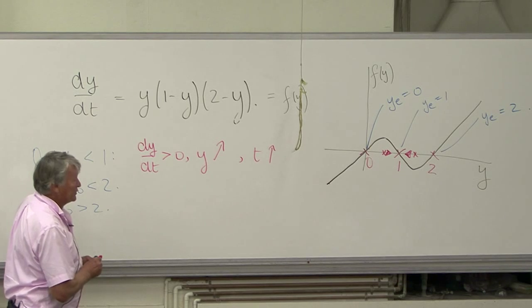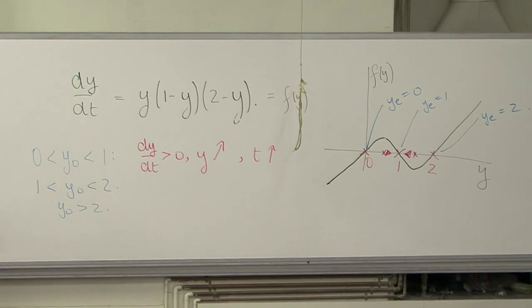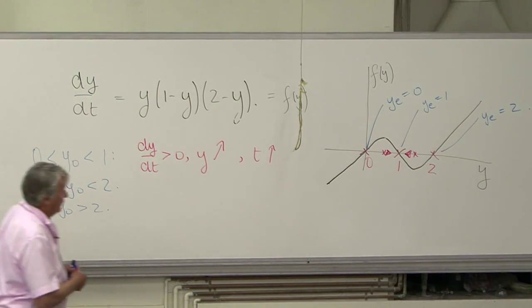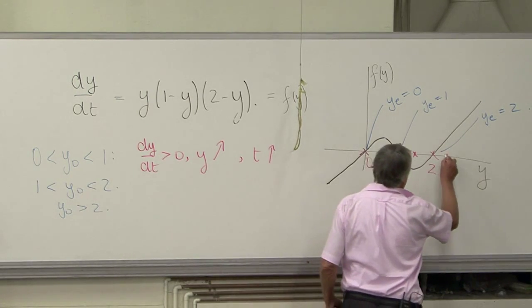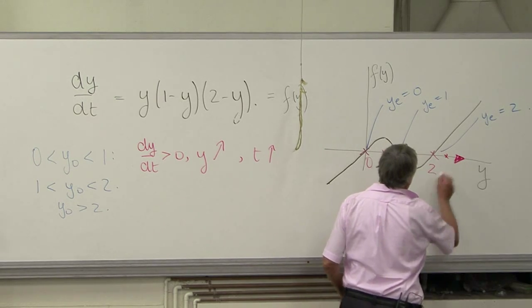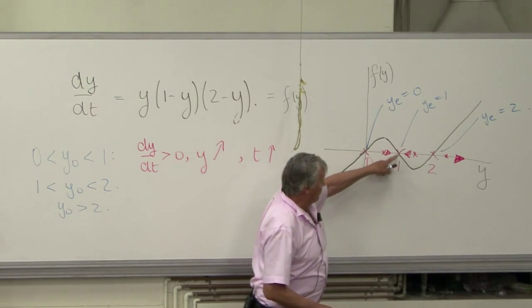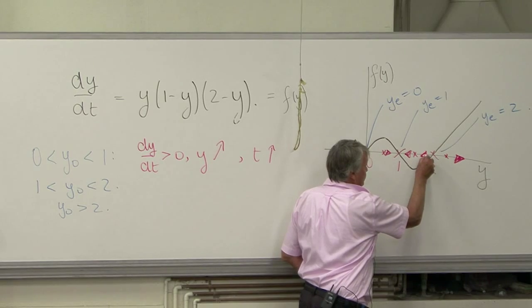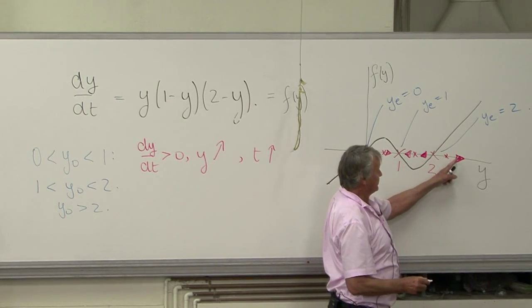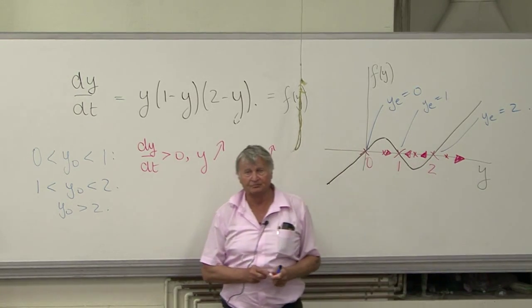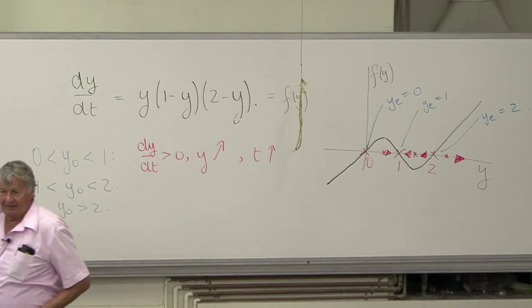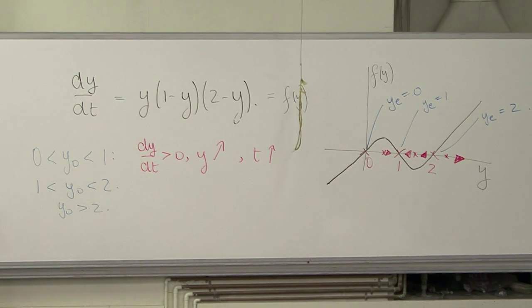If y0 is greater than 2, what is the sign of f of y? Positive. So which way is the y going to go if I start over here? To the right. So if I start anywhere in here, I go to the left. If I start anywhere out here, I go to the right. In fact, if I start out greater than 2, where am I going to end up?